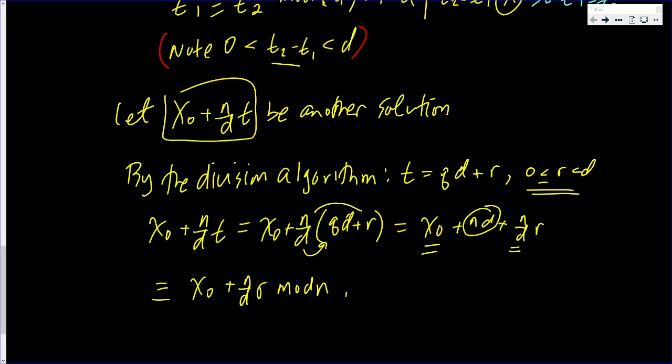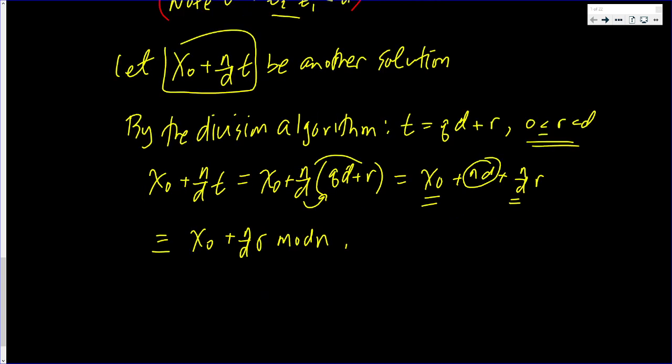Now, what's happening is the following here. Now that you've had a moment or two to think about it, notice that r is less than d. Well, this is one of our original ones. Remember, we had x0 plus n over d times t, where t fluctuated between 0 and up to d minus 1.